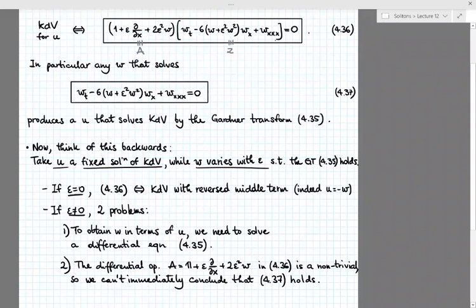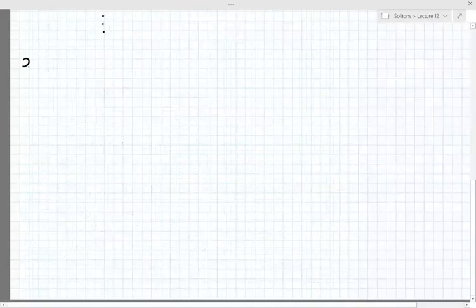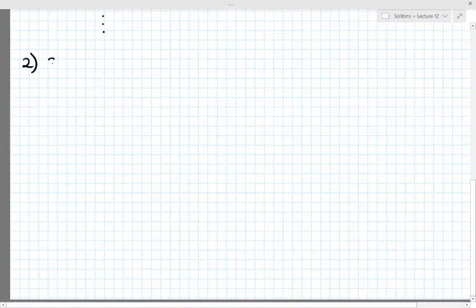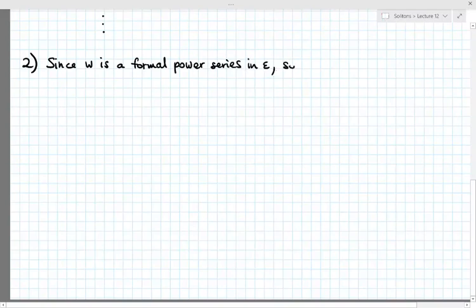So let's write down the formal power series expansion for Z. And similarly, in a minute, we'll do the same for the linear differential operator A, which acts on Z in equation 4.36. So to solve problem 2, we note that since W is a formal power series in epsilon, so is Z, which was the quantity inside the square bracket in equation 4.36 that I just showed you.